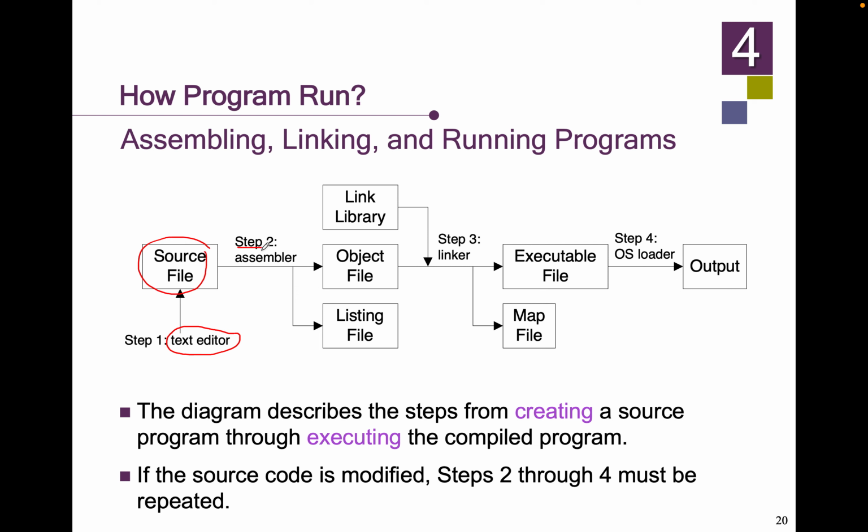Then step 2 is the assembler, where the assembling process happens. The assembler divides it into an object file and a listing file. But normally we can't see the listing file; we just see the text later on.